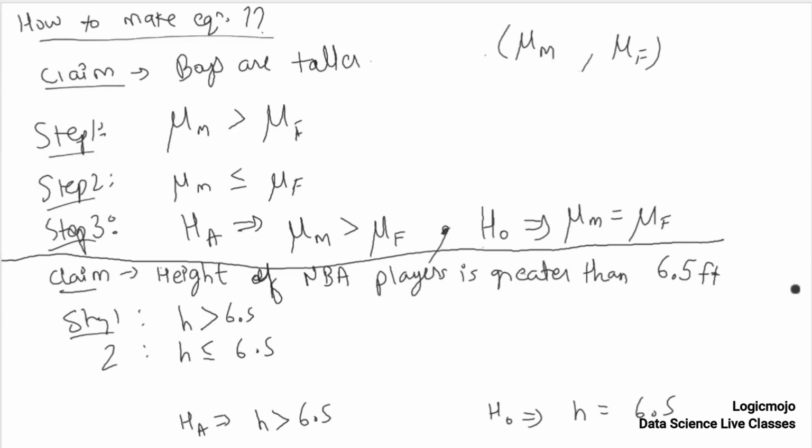Now, if I change it so that the height of an NBA player is greater than or equal to 6.5, now what? Yes, the alternate hypothesis will still remain the same. No, this time that's the twist here. The equal to sign will come here now. The opposite of this is this. So this will change. Is it clear?